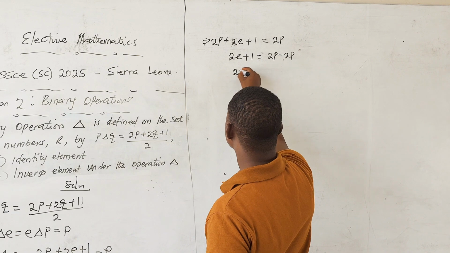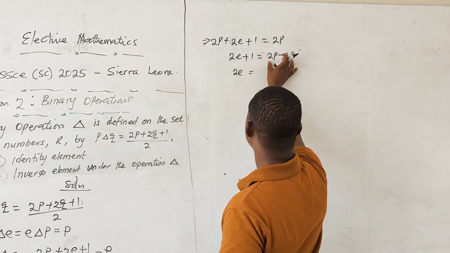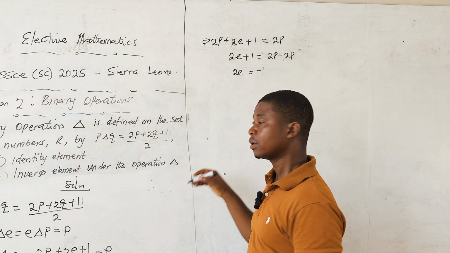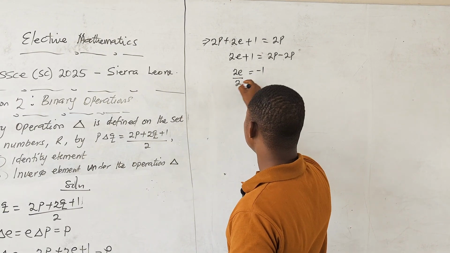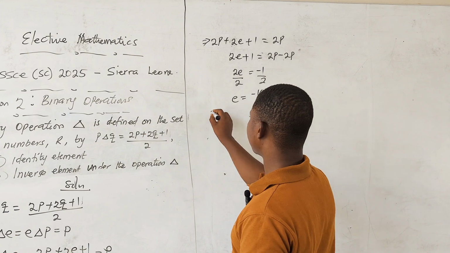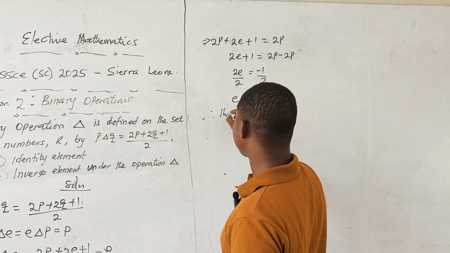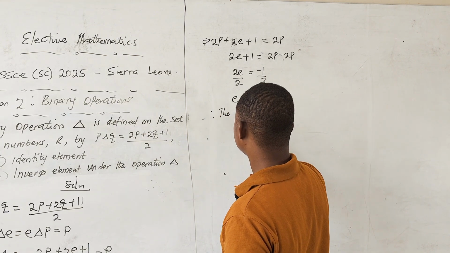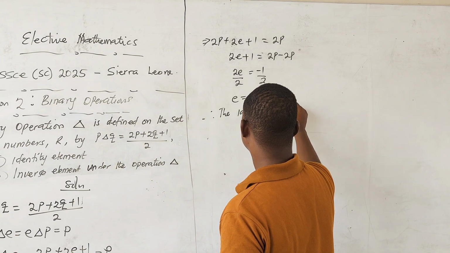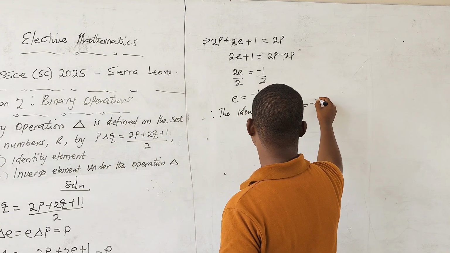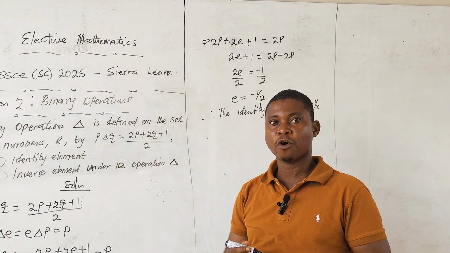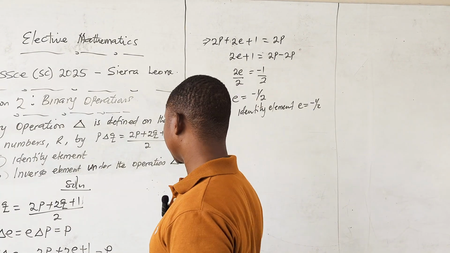So 2E, this one will also go there. This will give you 0. So equal to negative 1. E divided by 2, here by 2. So E will give you negative 1 on 2. Therefore, the identity element E is equal to negative half. And that is for the first part.